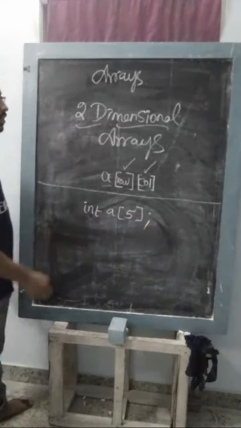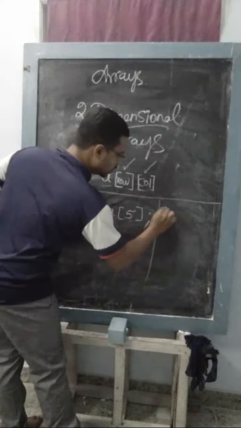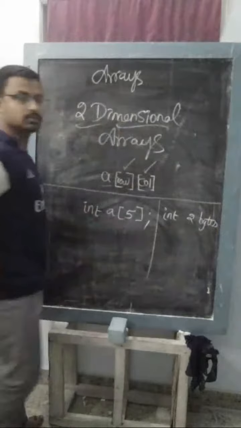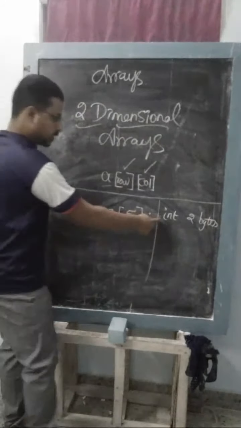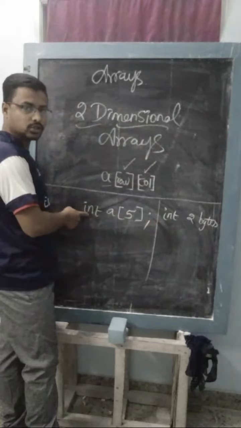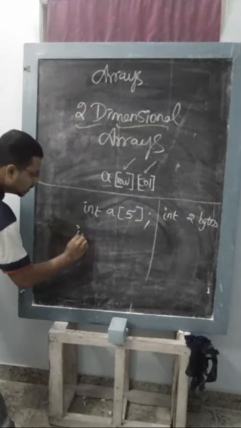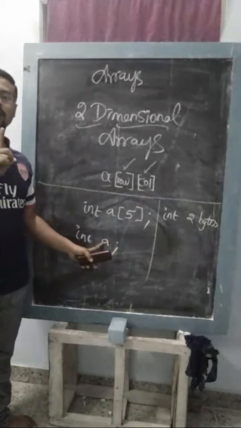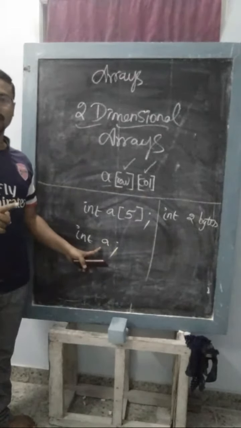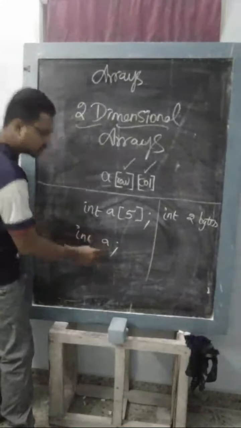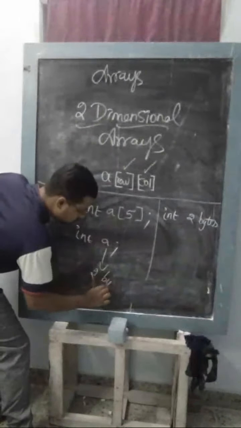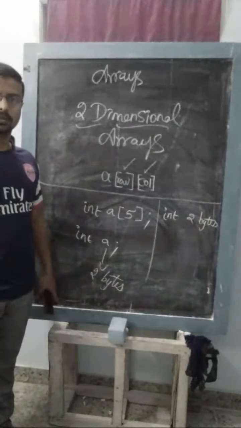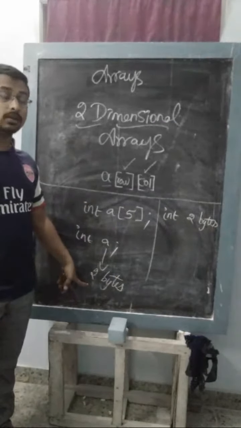If it is just integer a, it has only one element because it is a normal variable, so the size of a is 2 bytes based on Turbo C and Turbo C++.